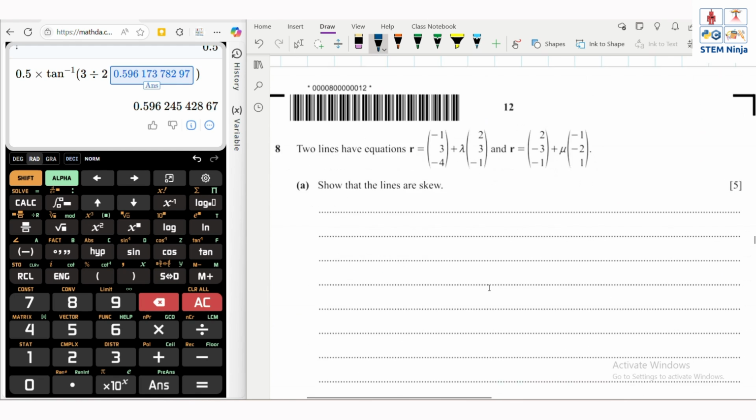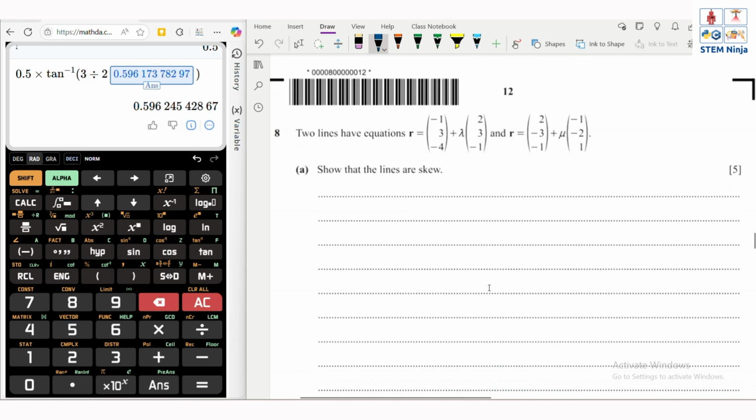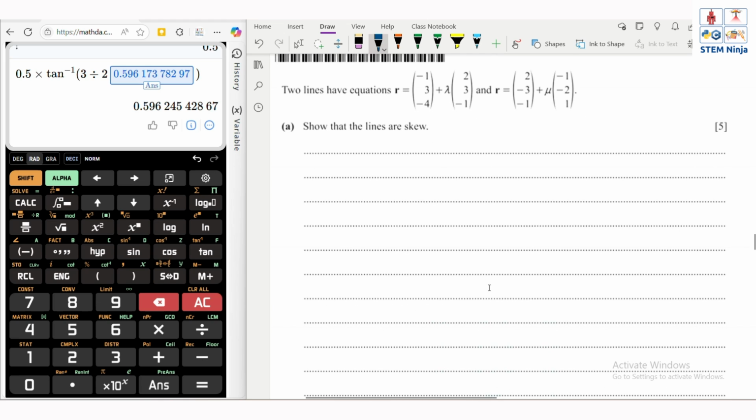All right. Two lines have these equations. Show that the lines are skew. So lines skew means they don't have the same direction vectors, but they don't meet either. So we make the parametric form.